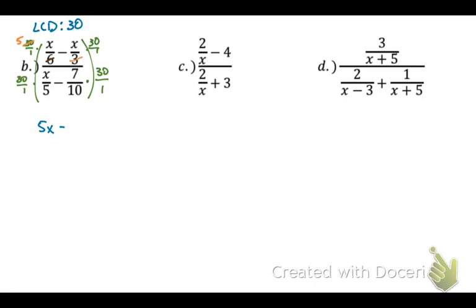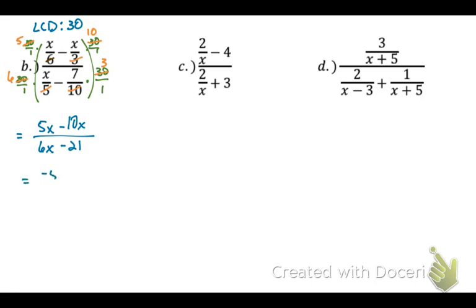Now on the right, I can divide 3 from top and bottom, and I'll be left with 10x. So see, I have subtraction in the middle of that, so now it's 5x minus 10x. Then in my lower left, I can divide out 5, and so I'm left with 6x, or 6 times x, minus, and then I can divide out 10, and I'm left with 7 times 3, or minus 21.